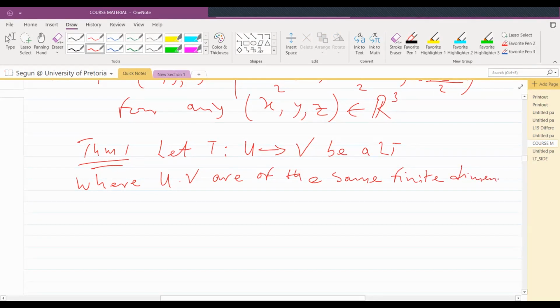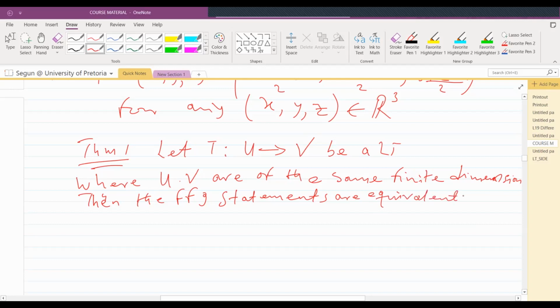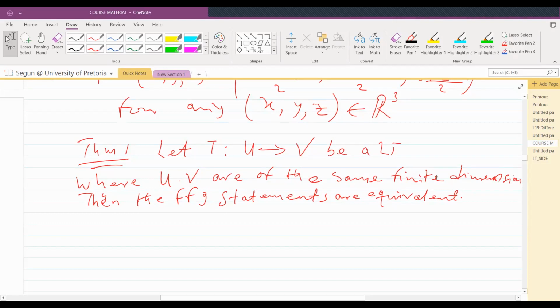Then the following statements are equivalent.